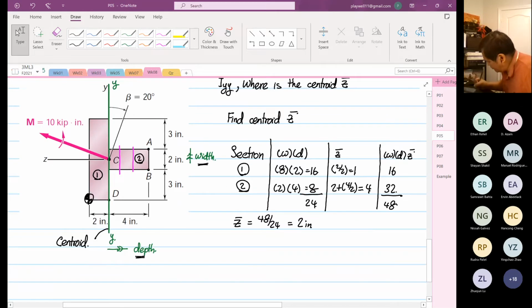Then we have to find our I. This is IYY for 1. So this is straightforward now.